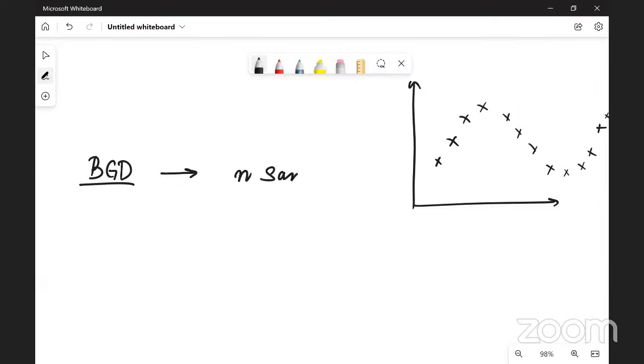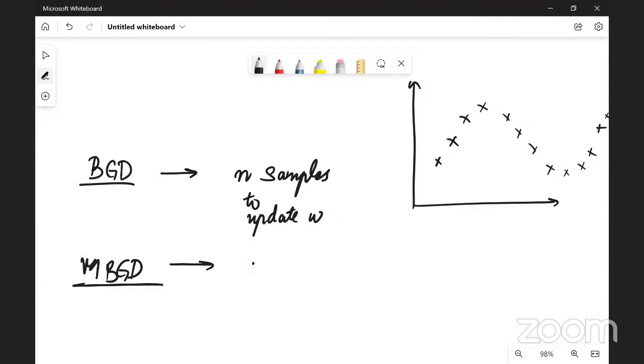So n samples are used to update the weights, update W. In mini-batch GD, let's say the entire n data set is divided into k batches. So we update weights every batch.